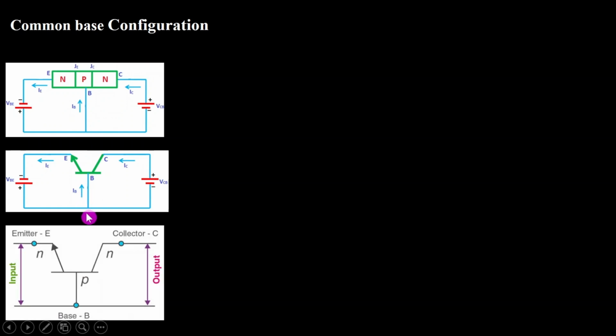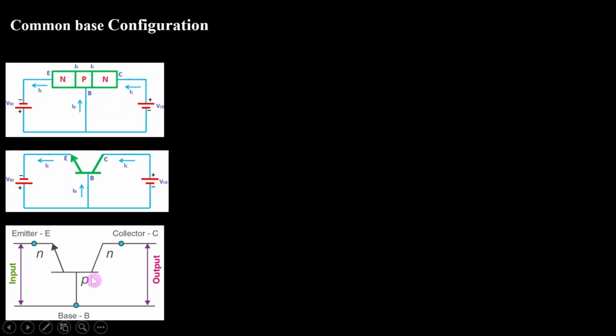Okay. So we have two types of characteristics. One is the input characteristics for the common base configuration. The other one is the output characteristics for the common base configuration.